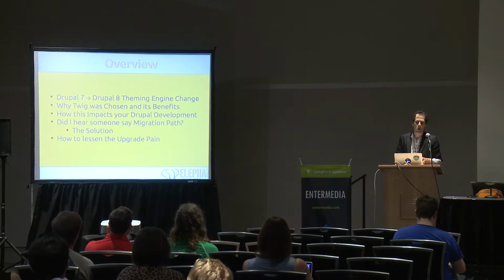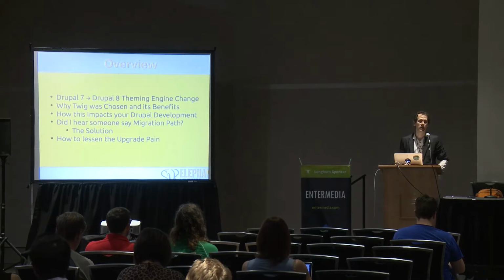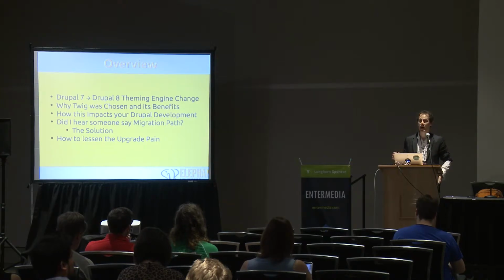Today we're going to look at the Drupal 7 to Drupal 8 changes in the theming system, and specifically the use of the Twig engine. Most specifically, we're going to look at how the change from Drupal 7 to Drupal 8 using Twig for theming affects your development, your websites, and your company assets.